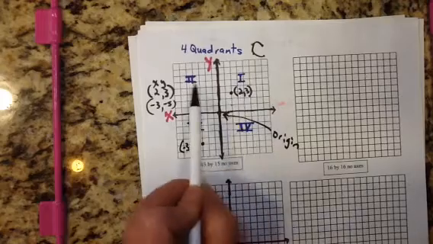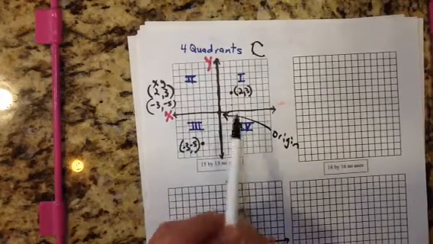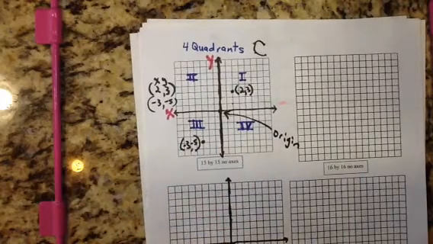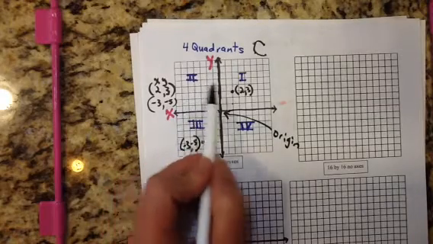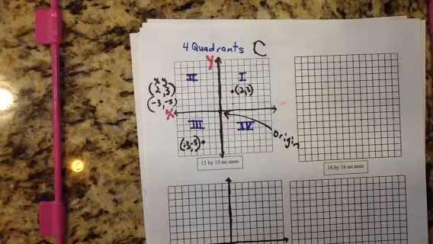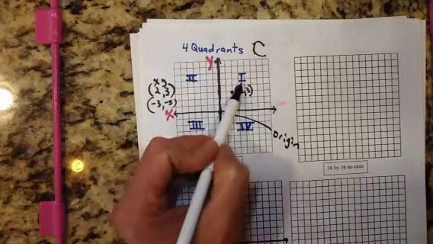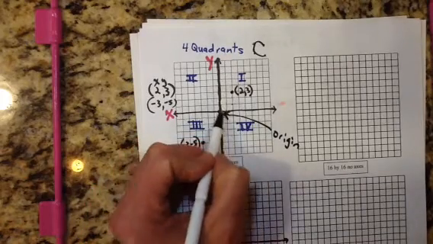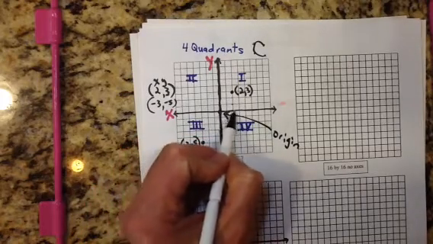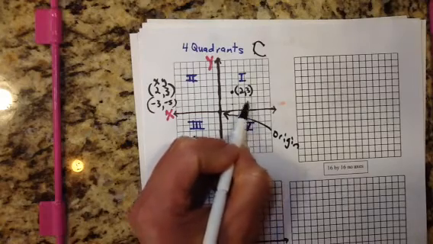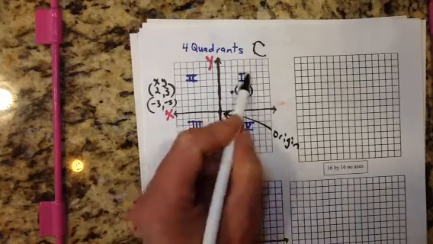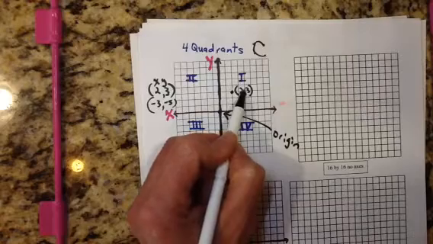This is your first quadrant, second, third, fourth. Now, why didn't they start counting over here left to right like we're used to? Well, there's a reason for it. This is the first quadrant because in the first quadrant, if you'll notice, your x values are positive, your y values are positive. This is the only quadrant where everything's positive.